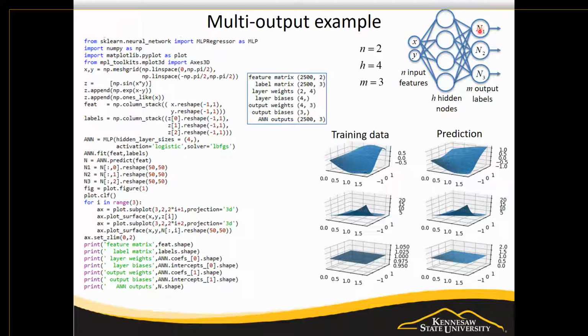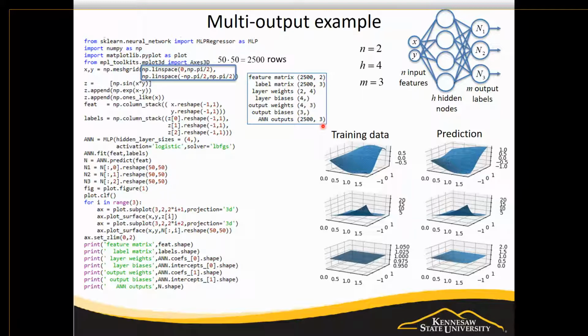In the output, this output layer here has 4 inputs and 3 outputs. So there are 4 inputs and 3 outputs in the layer weights, and there's 3 nodes, so there's 3 biases. And then, of course, the shape of the output of the neural network, the N that I got when I predicted, that's going to have the number of samples and then however many outputs there are. Okay?